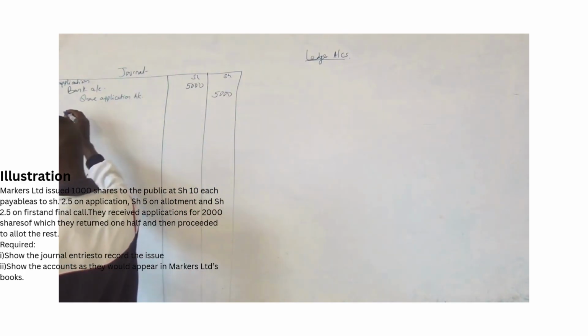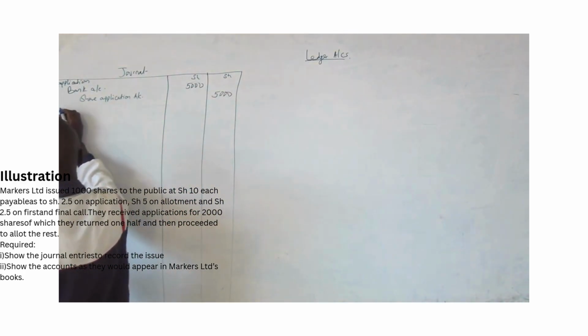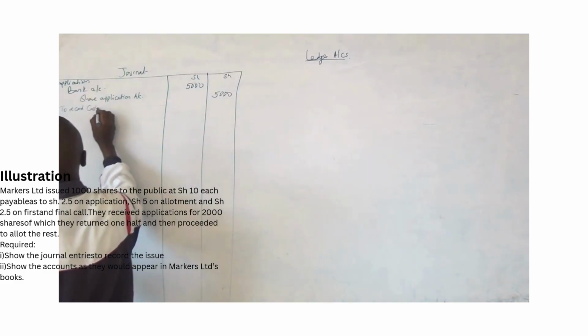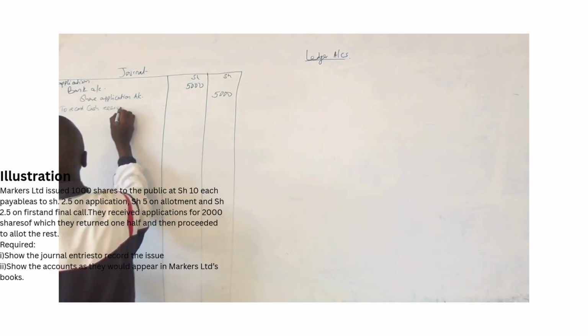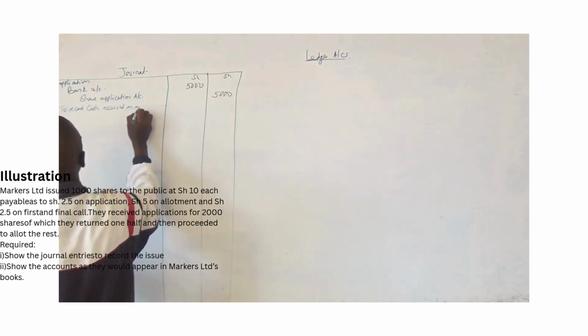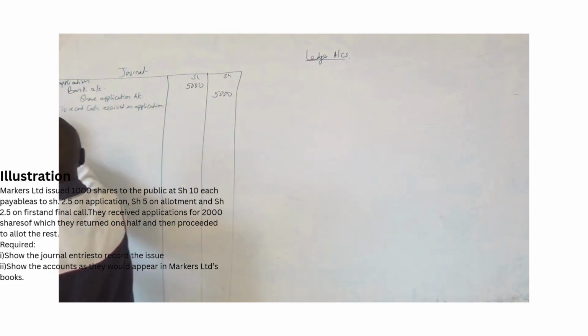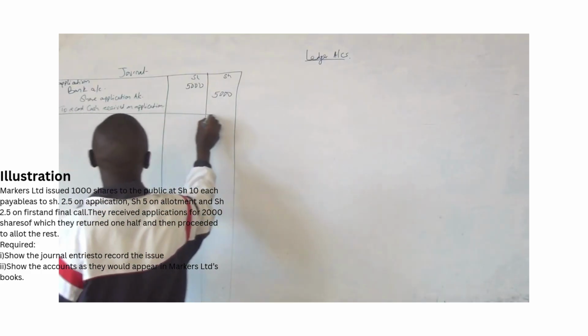Then you give narration: record cash received on application. That is our journal entry number one.